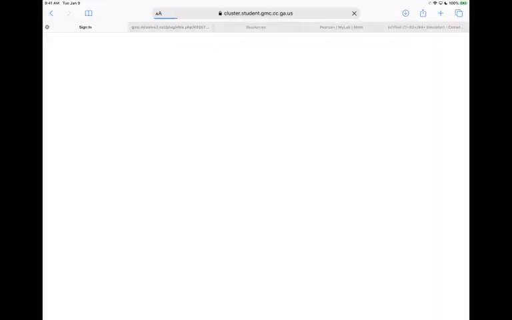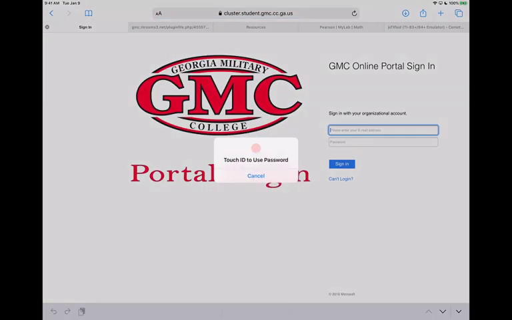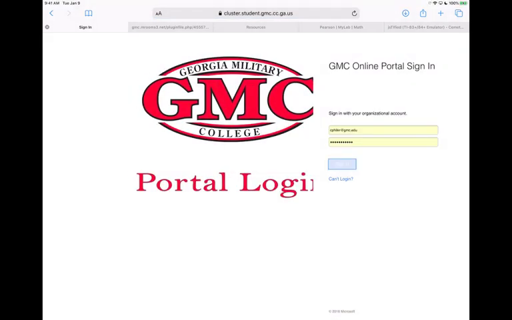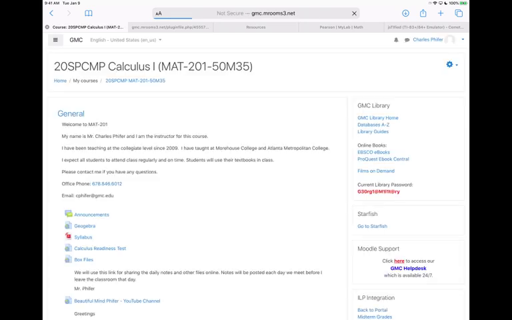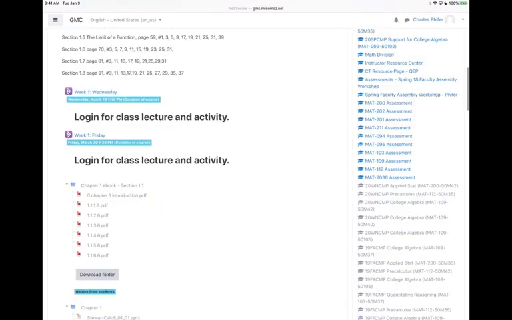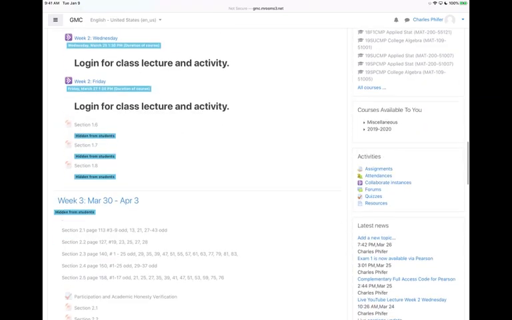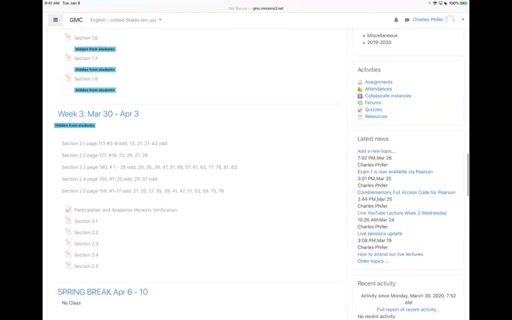Another note, a couple of other notes. On Moodle, we have this participation and honesty quiz we need to do. I think I put it in week 3. Let me check that now since I'm here, because I'm not sure that I did. Week 1, week 2. Yeah, I need to make it available. Let's see, where did I put it for you all?